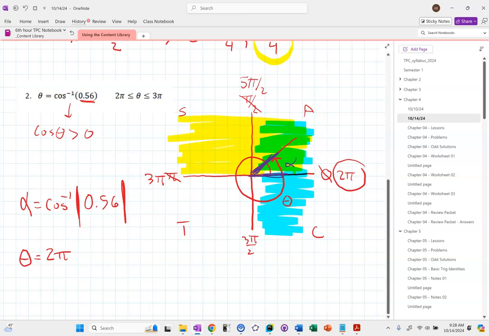So that's where we'll start. And then because when drawing my angle theta, the last axis I cross before getting to the terminal side is the x-axis, that tells me plus, and then whatever alpha is.